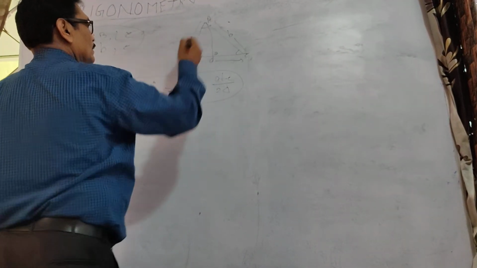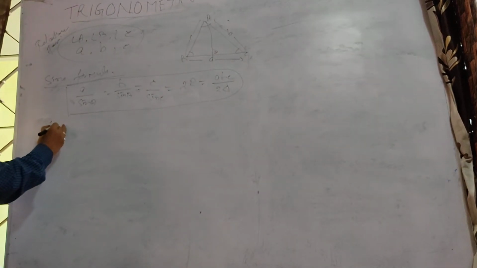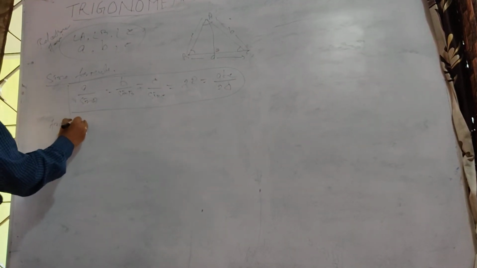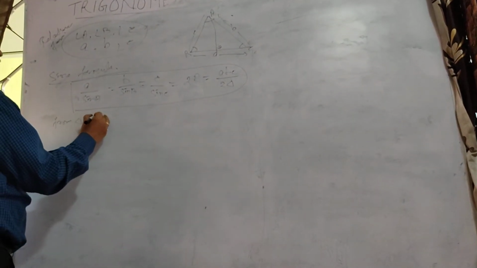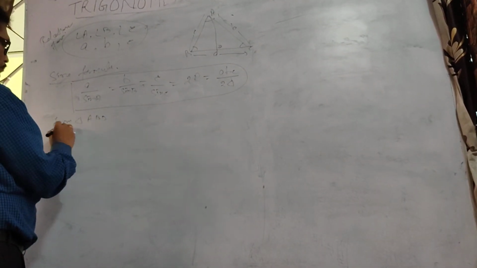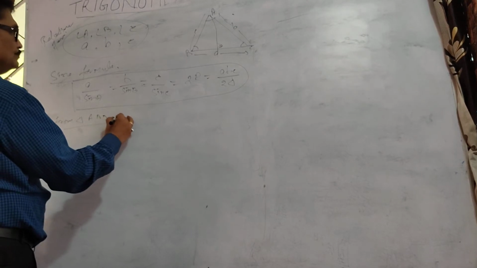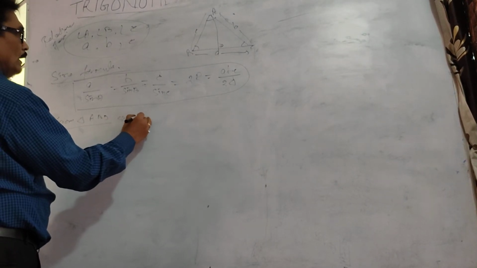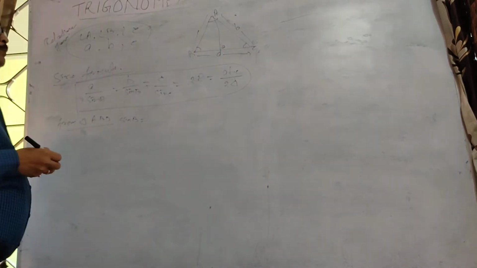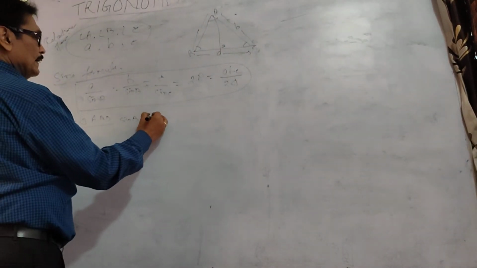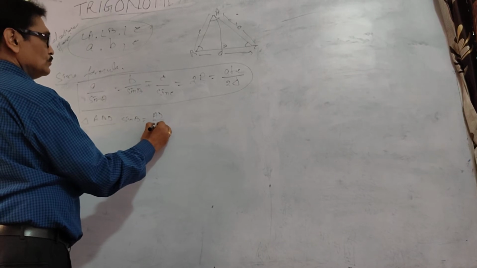Now see, from triangle ABD, sin B equals perpendicular upon hypotenuse, that is AD upon c.